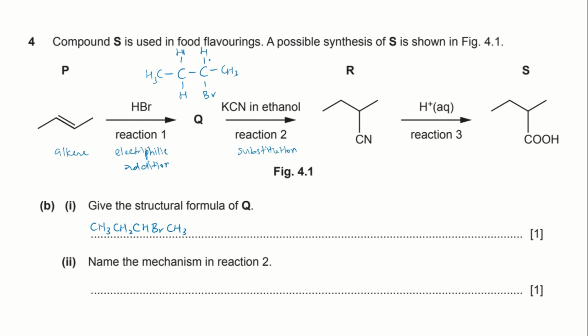The C here in Q is partial positive because bromine is more electronegative. So KCN here in ethanol, the cyanide ion is acting as a nucleophile and it attacks the partial positive carbon. So this reaction, the full name will be nucleophilic substitution.